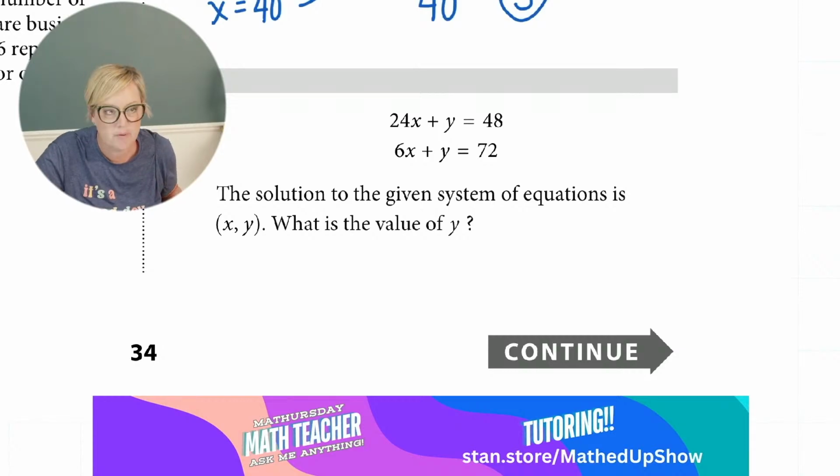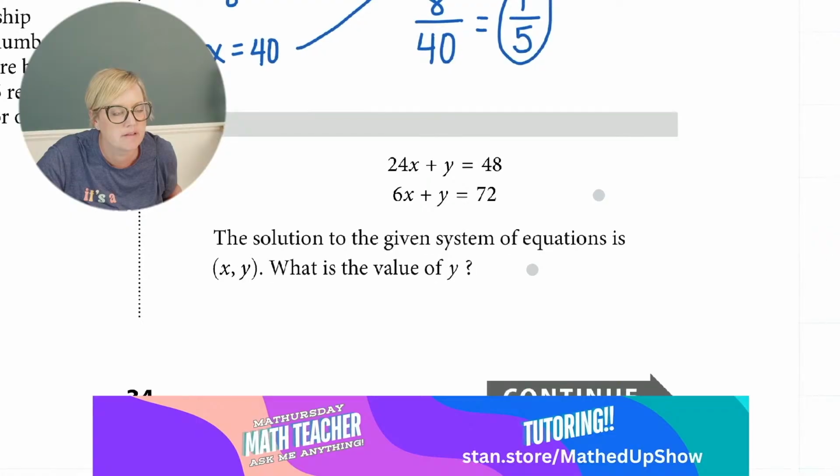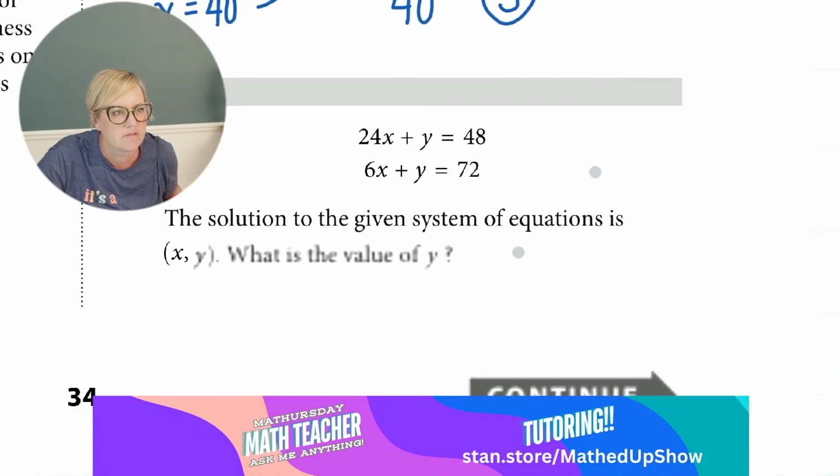Oh, you can't see the top equation? Okay, let me move it down a little bit. There we go.